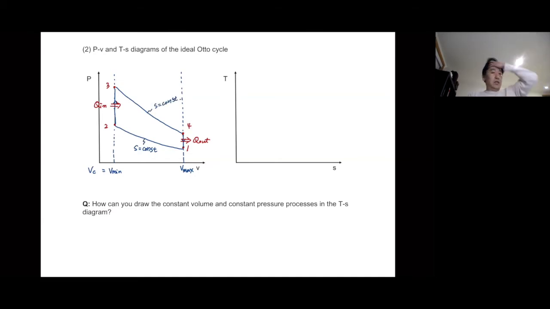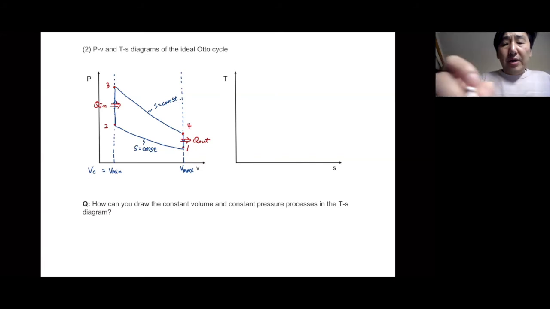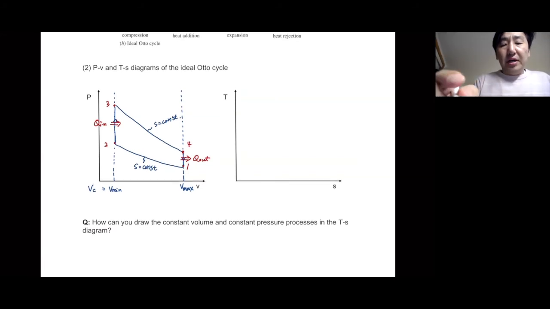As we already discussed, how can we draw these isentropic compression or expansion processes in a PV diagram when your working fluid is an ideal gas? Let me write it simply: ideal gas and constant Cp and Cv.